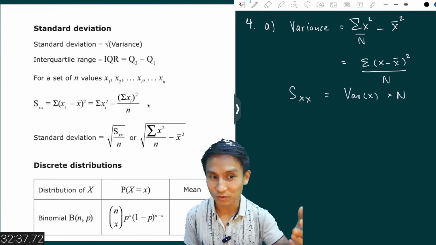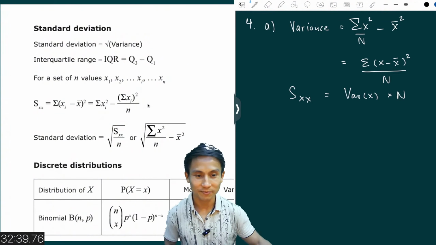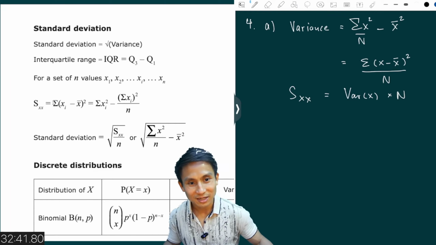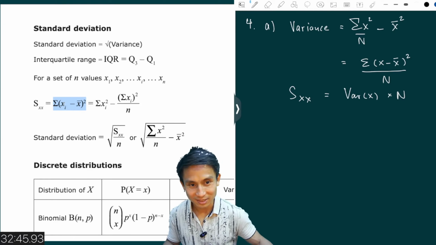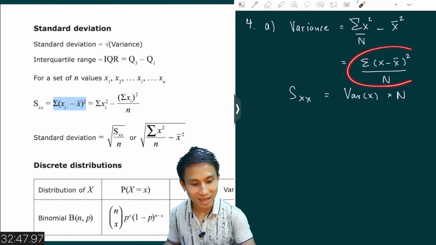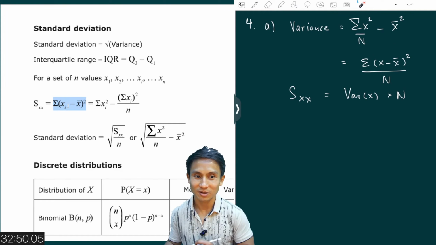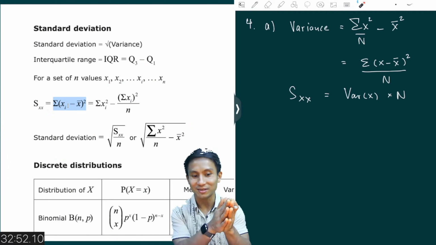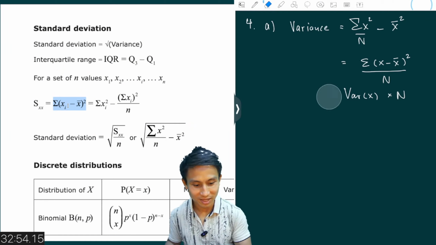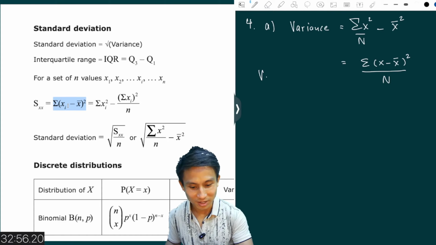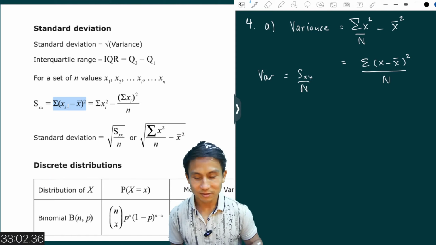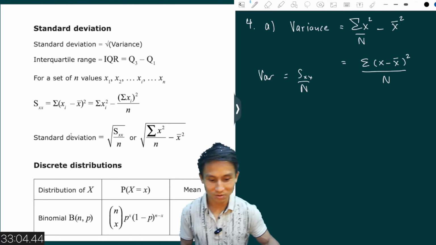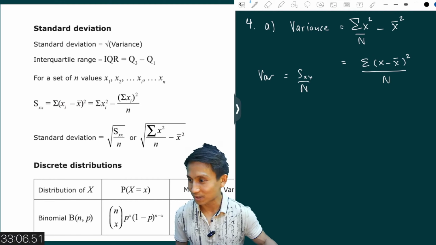And you have two of them, so that would be x bar squared. Then you would also have this divided by n as I have here. So variance is SXX divided by n. That's basically what I'm saying here. Variance is SXX divided by n. So that's why we got this one. All right, I hope that's fine by you. And let's get back to the paper.